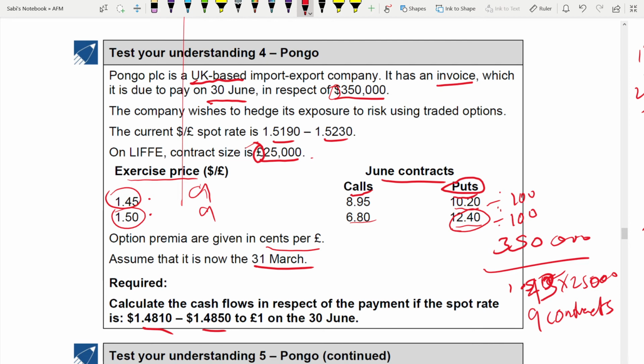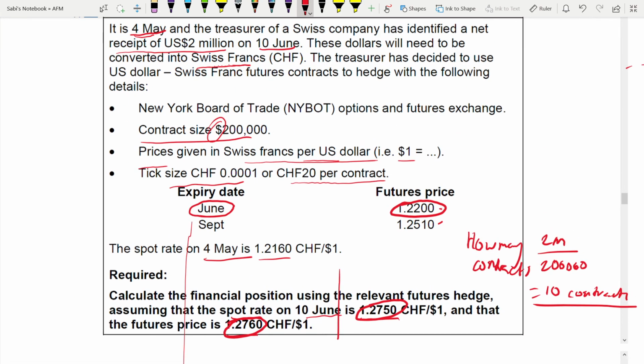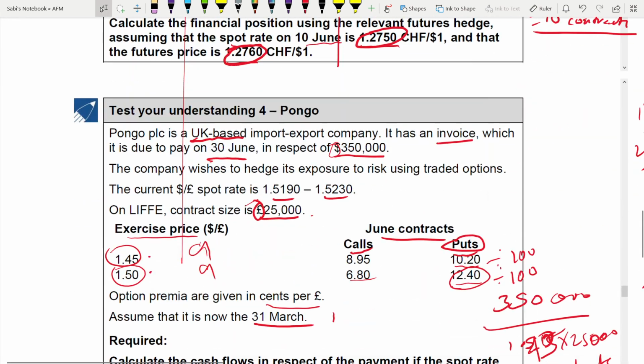From the exercise price, you deduct your premium to find out which one will give you the higher net receipt, and we'll go by that option rather than doing the long calculation. This is also a way to calculate.